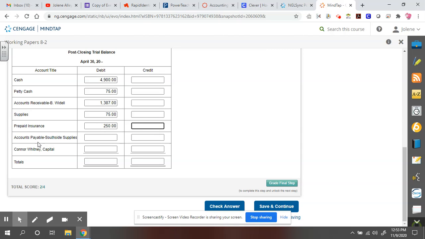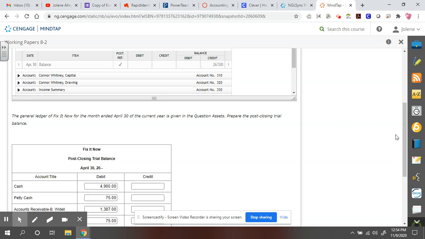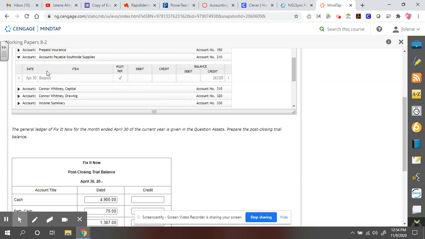If you remember with your DC Adler, those liabilities have a credit balance. So let's go up here. Here's the accounts payable, Southside Supplies, and we still owe them $267 in the credit. $267.